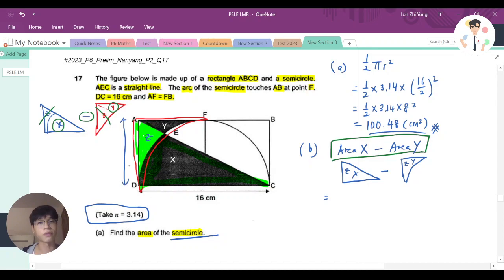You know half of this will be 8 cm. Why? Because the radius is 8 and here is also the radius. So the area of this will be half times 8 times 16. And that will be equal to 64.